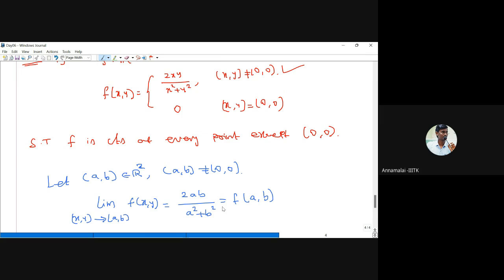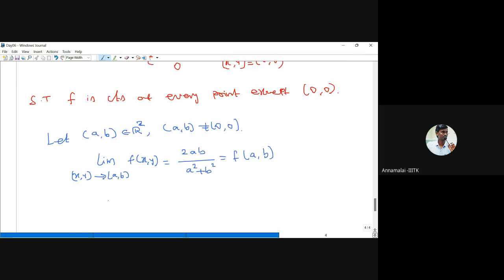Therefore the limit as x comma y goes to a comma b of f of x comma y is f of a comma b, therefore f is continuous at the point a comma b. So we have proved that this function is continuous at every non-zero point.